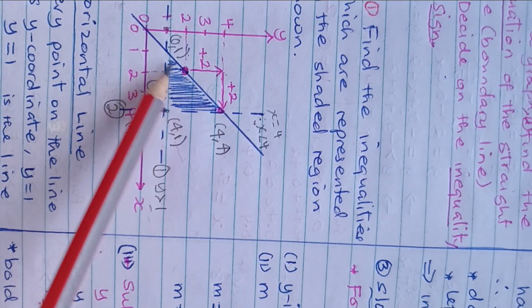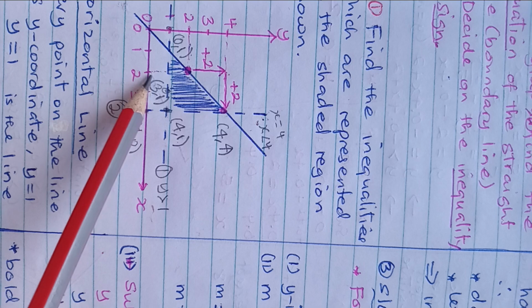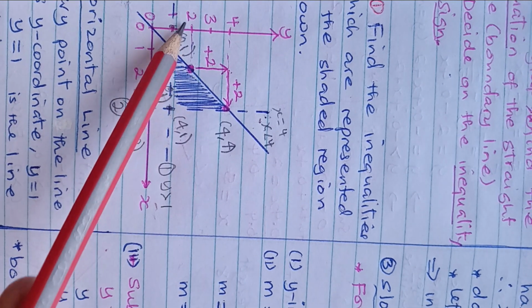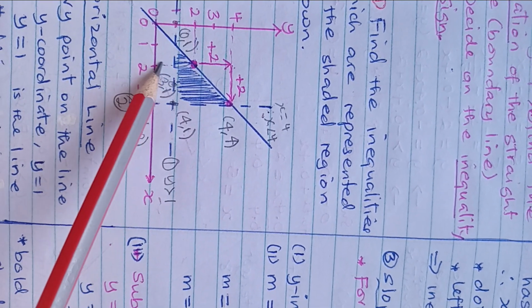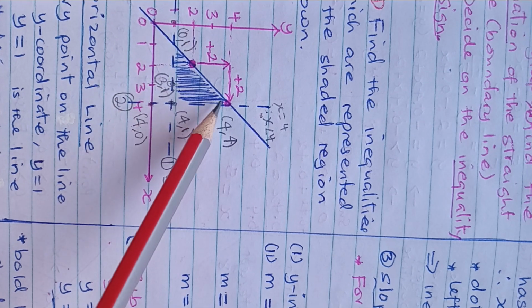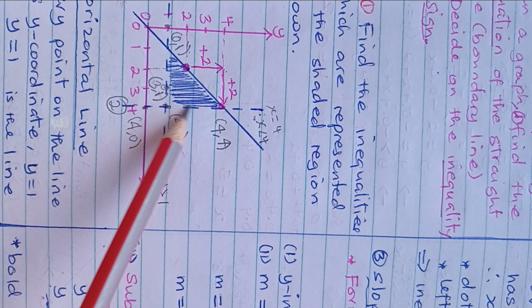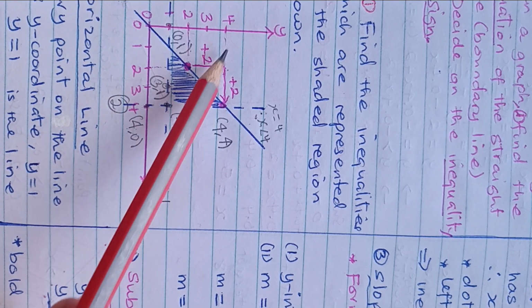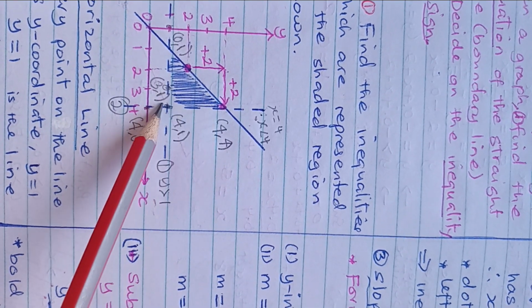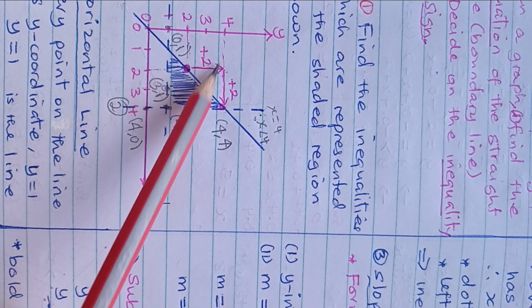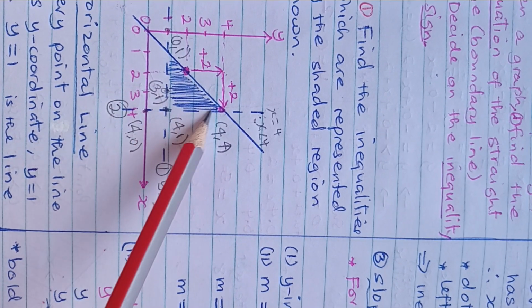So on your slopey line, you find 2 nice points where the coordinates are whole numbers, like this point and this point. Take note, the coordinates must be whole numbers, so your calculations are simple.